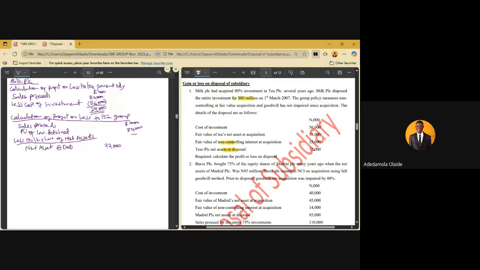So to calculate the goodwill, we'll say goodwill. So for goodwill, we will have what? Purchase consideration, 56,000.